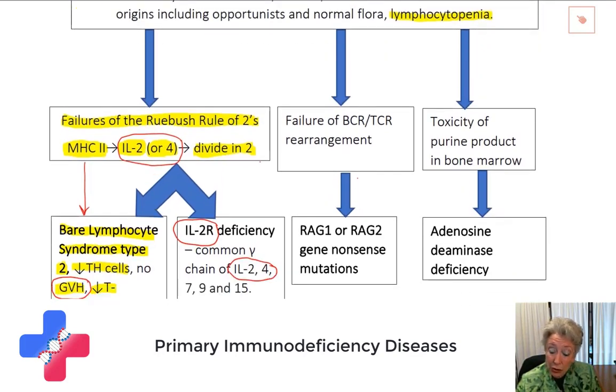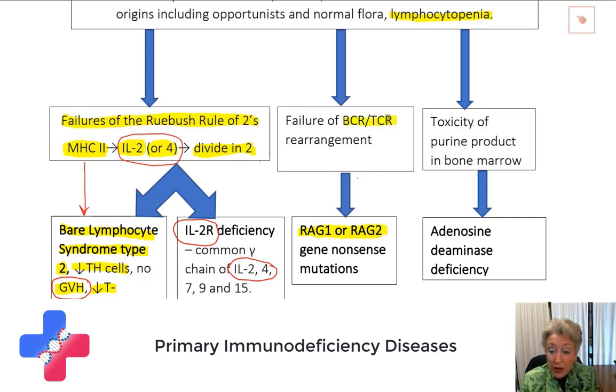The next 2 of the severe combined immunodeficiencies are not problems with the Roubush rule of twos, but instead, in the case of the RAG gene issues we spoke about very early on when we were doing VDJ recombination, realize that if I cannot do VDJ recombination, I cannot make functional lymphocytes of any kind.